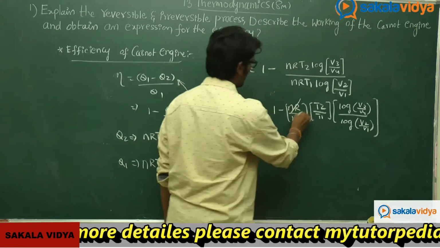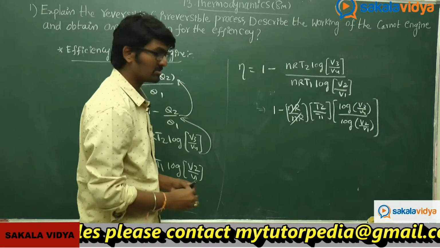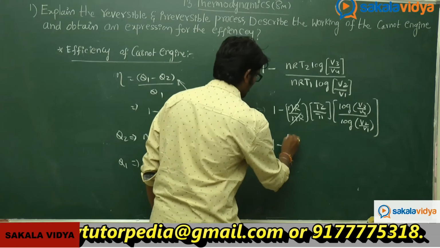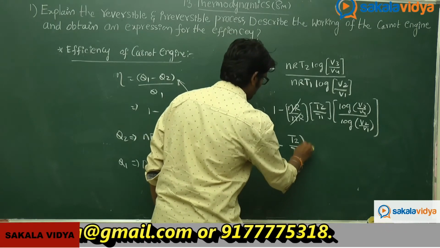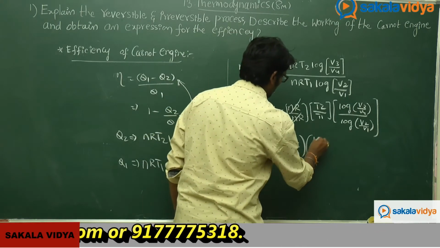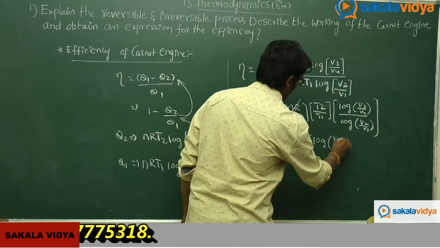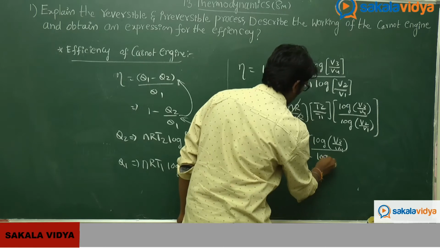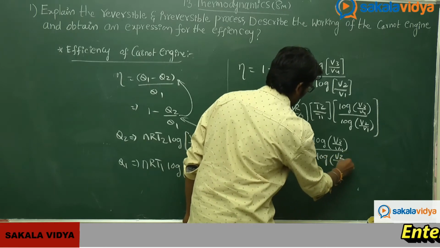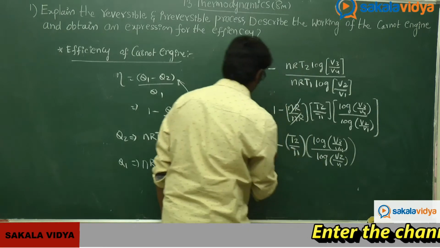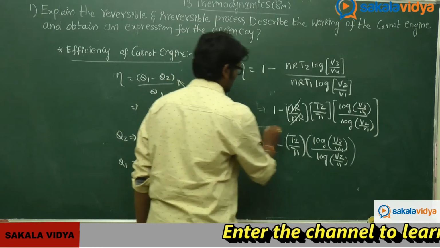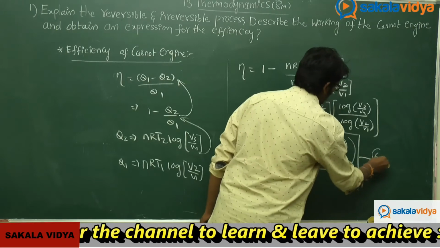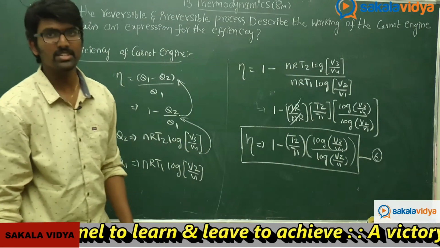Here nR gets cancelled. So what is left here? 1 minus T2 by T1 into log V3 by V4 by log V2 by V1. So let us assume this as equation 6. So this is the efficiency of the Carnot's engine.